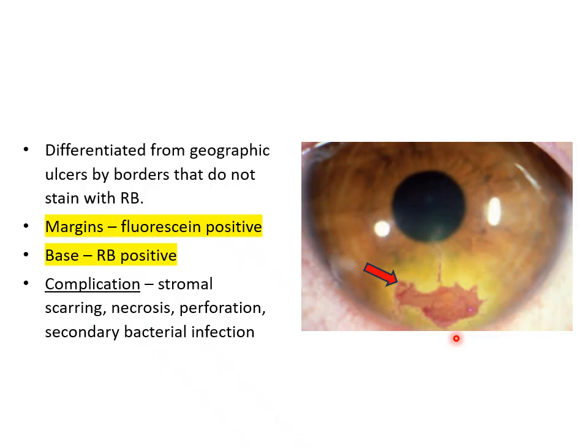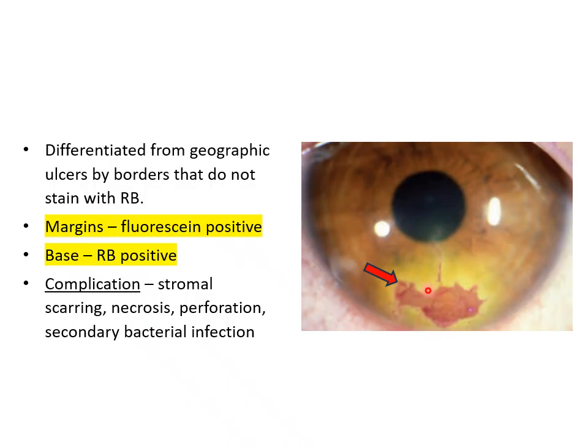Now what happens if you put fluorescein? What is going to happen is that these epithelial cells, as we know, are defective, right? So fluorescein is going to leak through these defective epithelial cells and into the surrounding stroma, such that the margins would take up the fluorescein stain. The margins which consist of a healthy stroma.